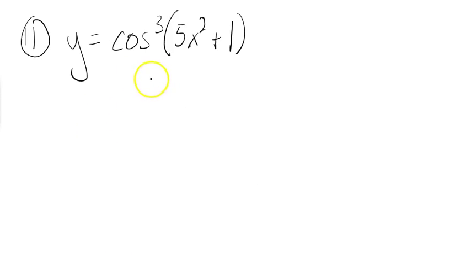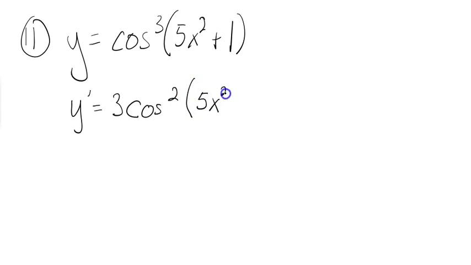Okay, so here's a mixed example that you have to think about. This is the kind that you guys miss a whole lot. So what is the first thing that you're supposed to do? Move the 3 to the outside. So 3 cosine squared, you're doing the powers first, 5x squared plus 1. So absolutely nothing changed except for the powers.